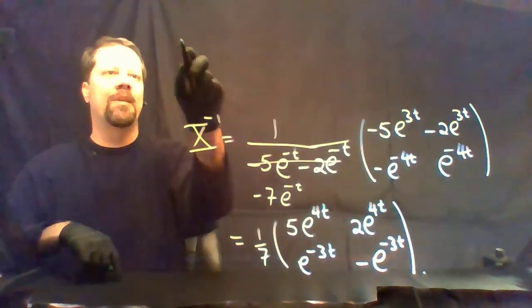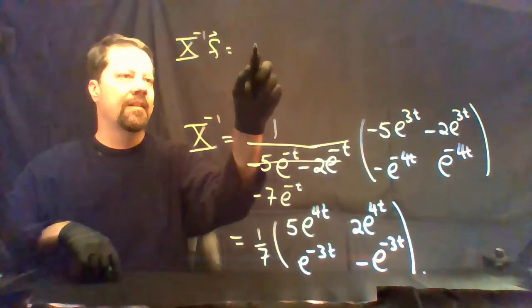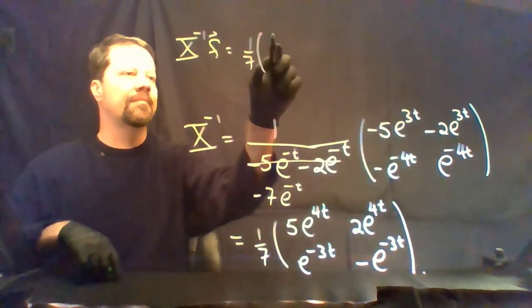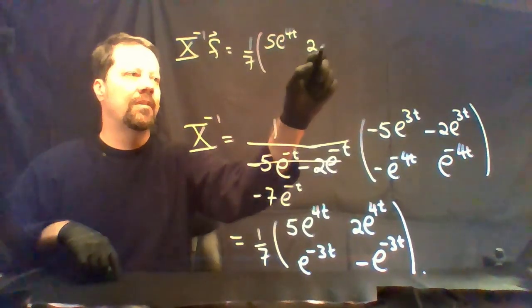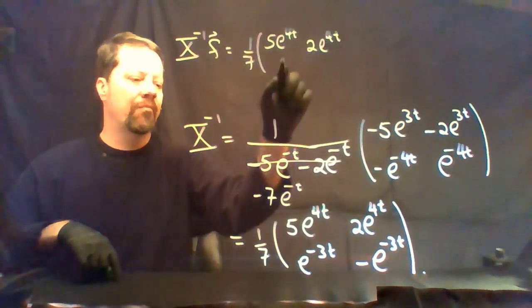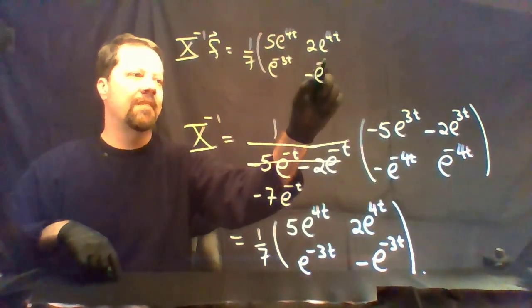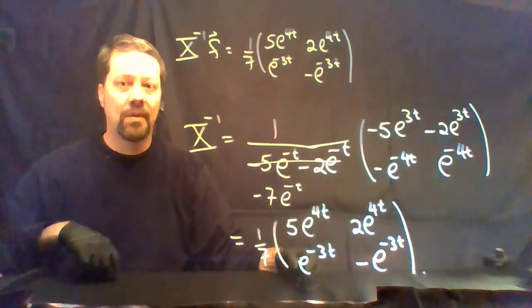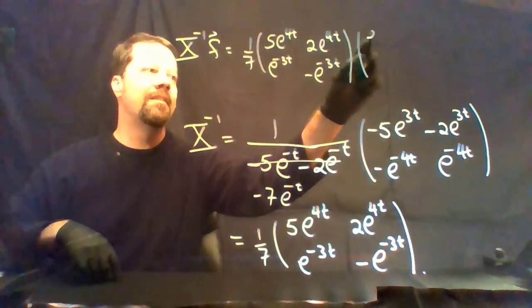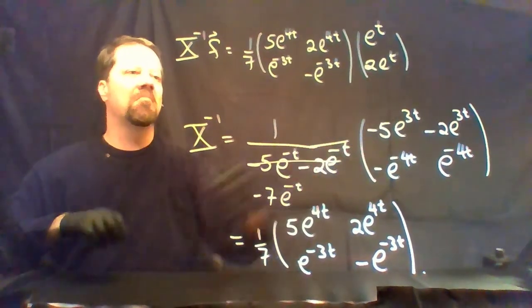Our next step is to find x inverse f. That's going to be 1/7 times 5 e to the 4t, 2 e to the 4t, e to the minus 3t, minus e to the minus 3t, and now the forcing function, which, if you'll recall, is e to the t, 2 e to the t.